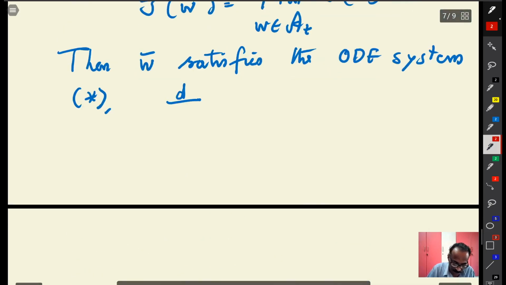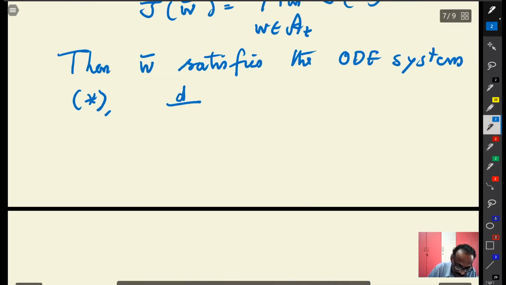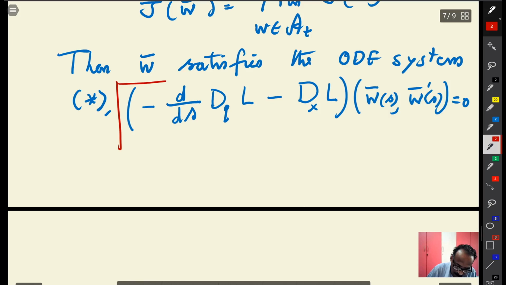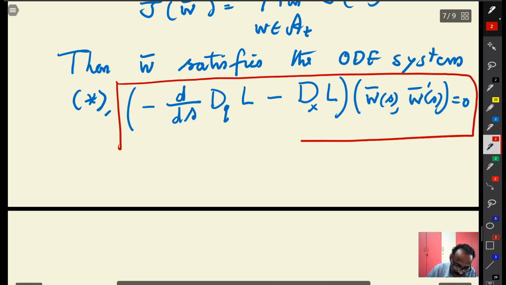So let me write it: minus d by ds of dq of L minus dx of L, of course evaluated at the optimal solution W bar of s, W bar prime of s, equal to 0. So that's the Euler-Lagrange equation, how you derive it.